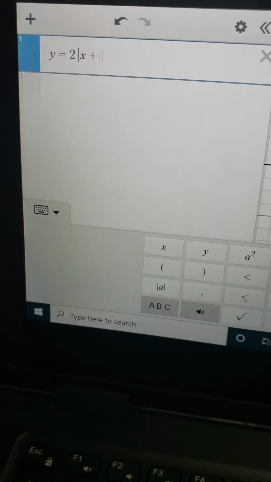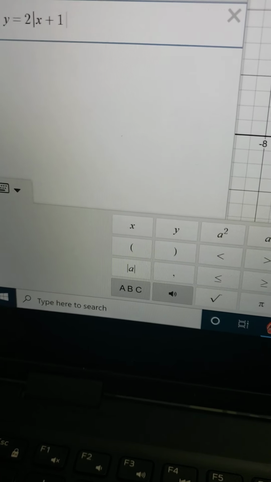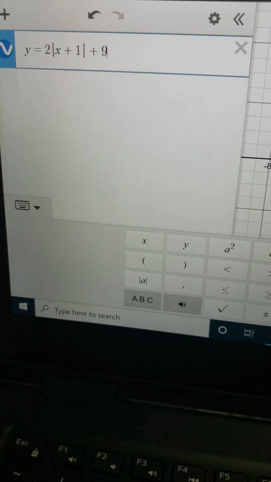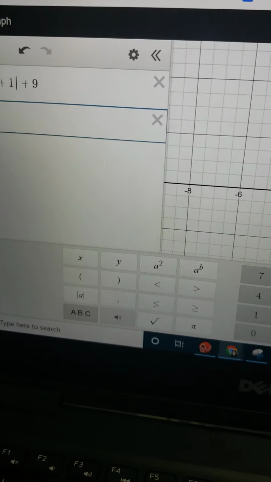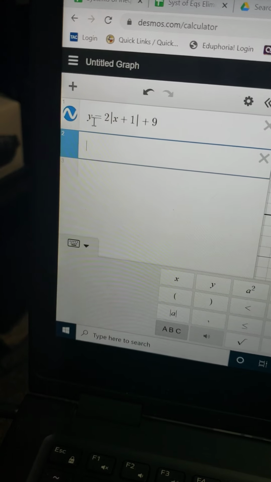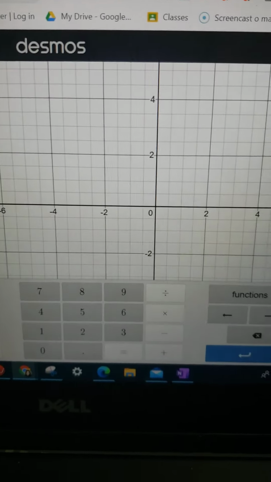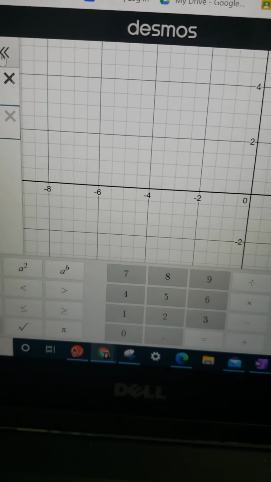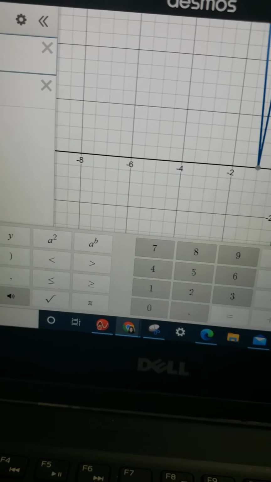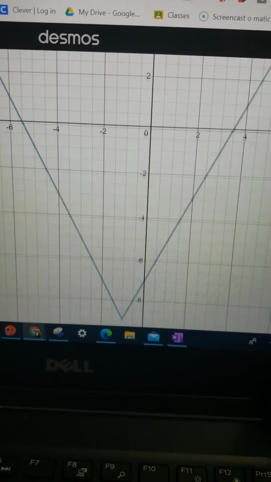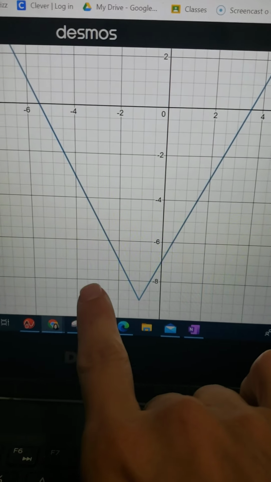X plus 1. I'm going to click right and then put plus 9, so we're outside of the absolute value function. And then I don't know what I did wrong because I don't see anything. Oh, sorry, it should be minus 9. There we go. And there it is. You see it shifted down and shifted left.